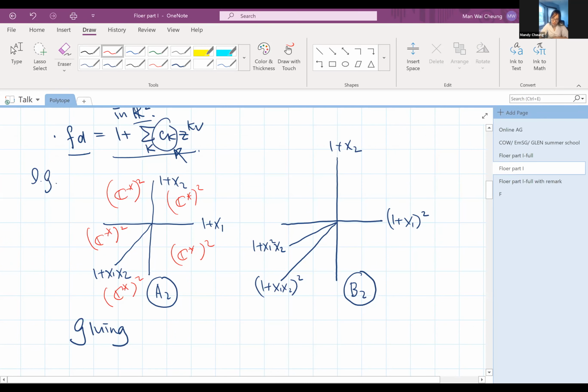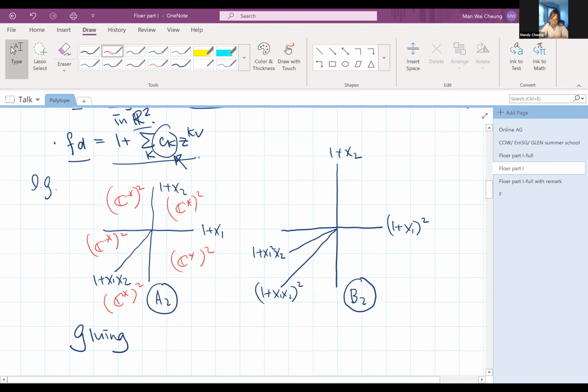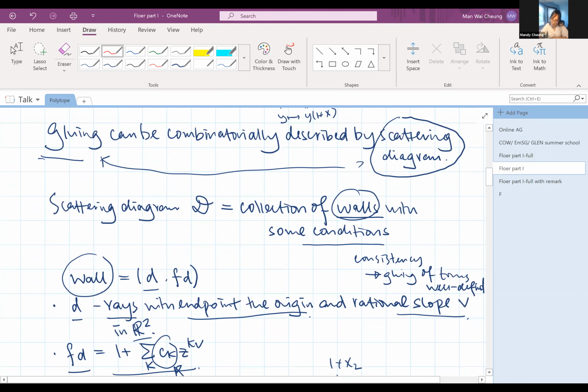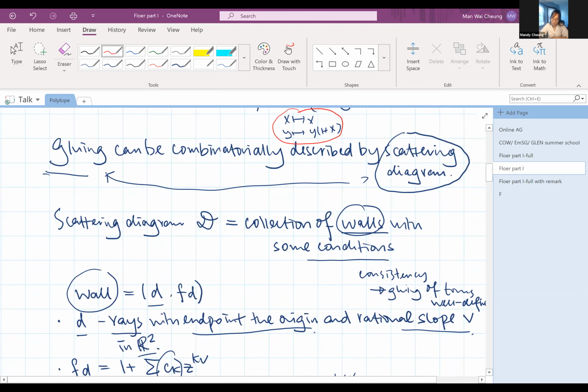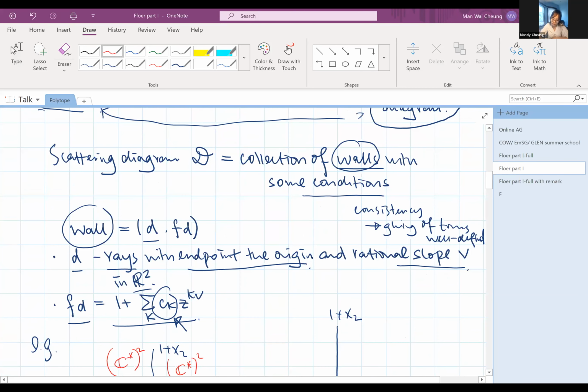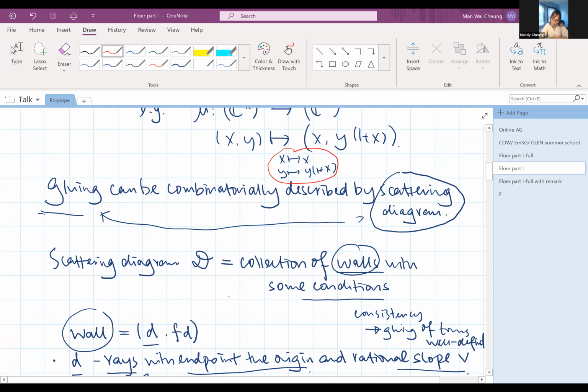And from the calculation that Mark was showing us in the Q&A of the last talk, we have this calculation for wall crossing, and you can see this is basically doing the function here.